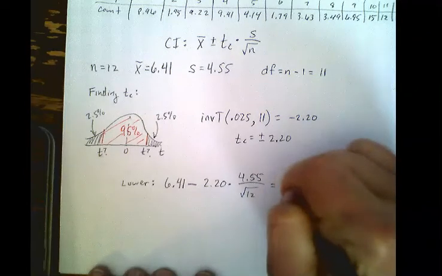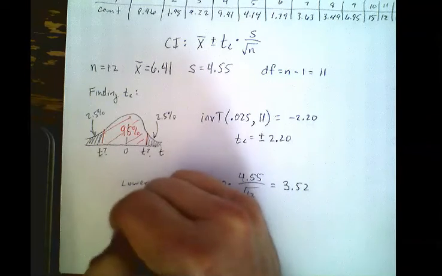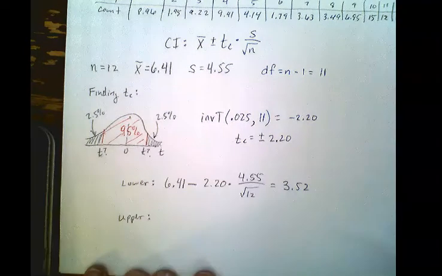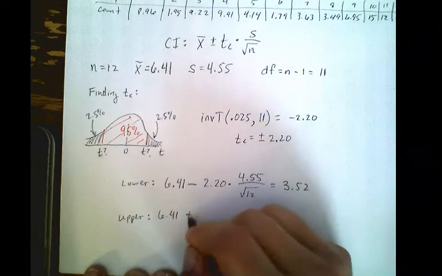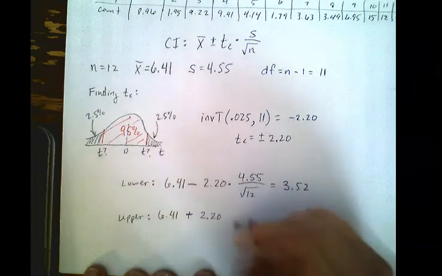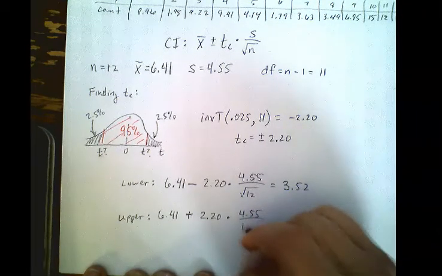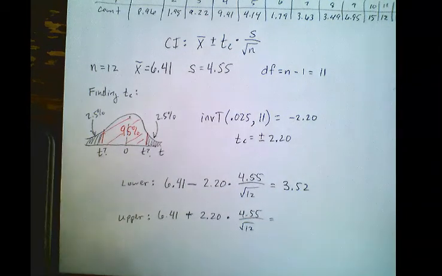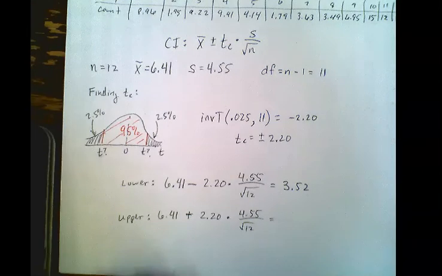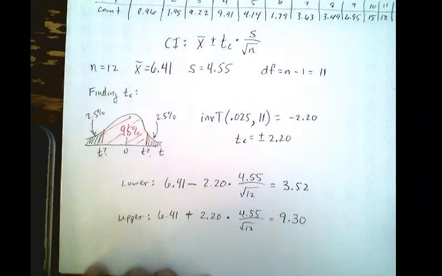Getting 3.52. The upper bound is 6.41 plus 2.20 times 4.55 over the square root of 12. Calculating that, we'll get 9.30 after rounding.